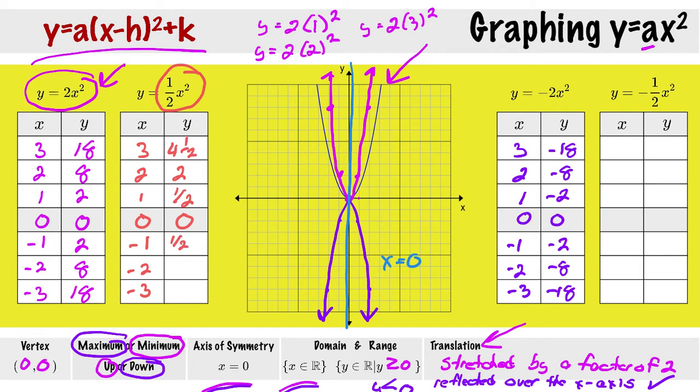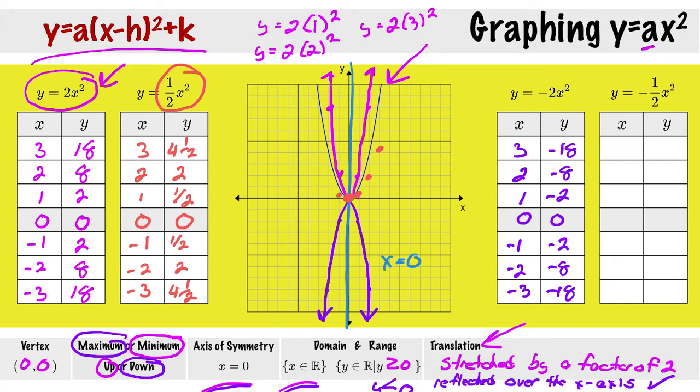And the numbers are identical going this direction. So now 0, 0, 1 over 1/2 up, 2 over 2 up, 3 over 4.5 up.